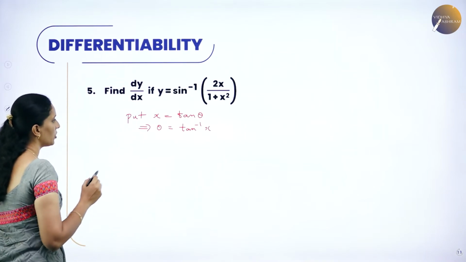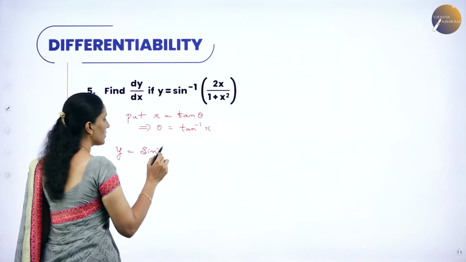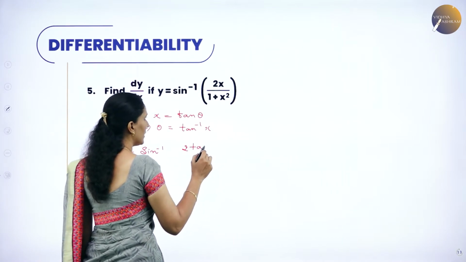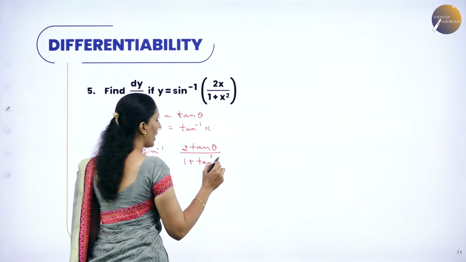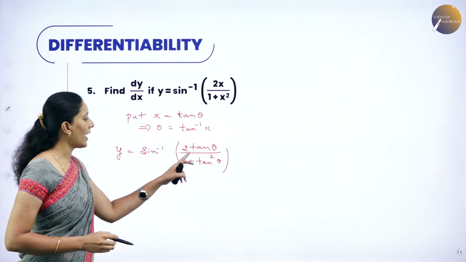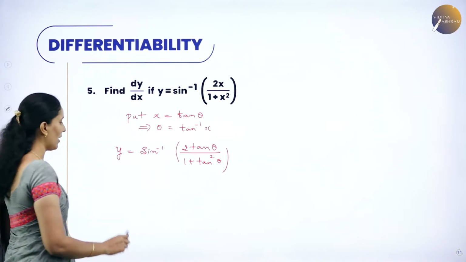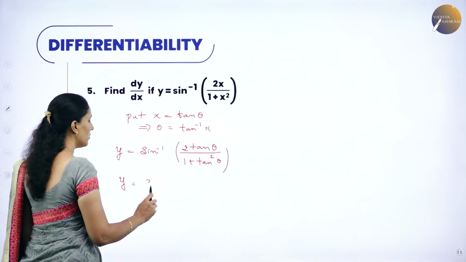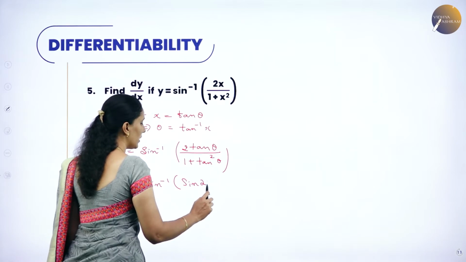So let us substitute here. Y is equal to sine inverse of 2 tan theta divided by (1 plus tan square theta). Using the multiple angle formula, 2 tan theta over (1 plus tan square theta) is sine 2 theta. So y is equal to sine inverse of sine 2 theta.